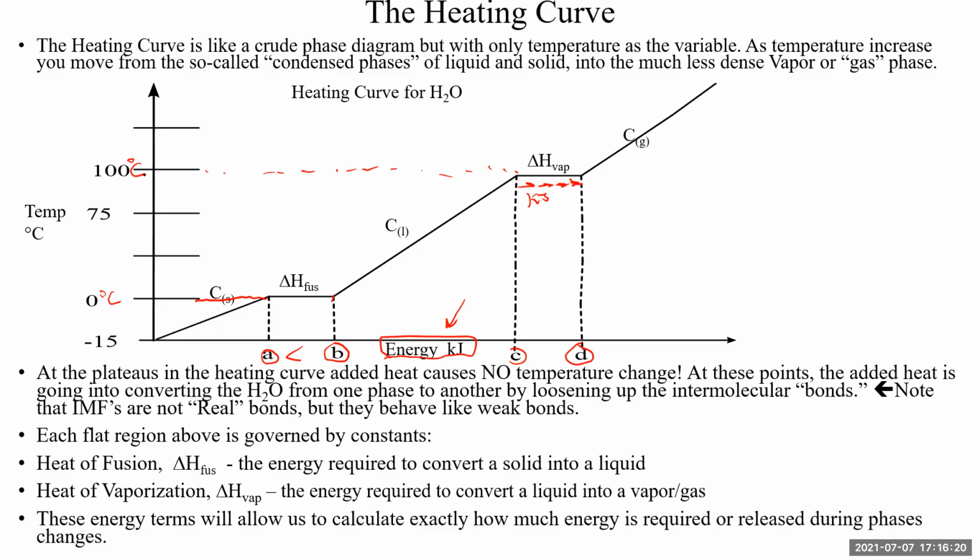So what does that mean? These flat regions, these plateaus in the upward sloping hill of this heating curve, what do these plateaus represent? They represent the phase changes.